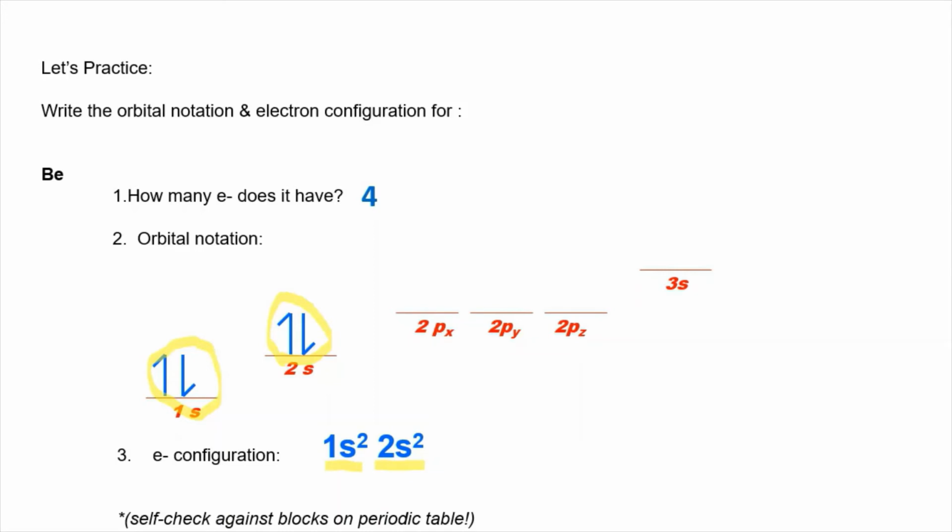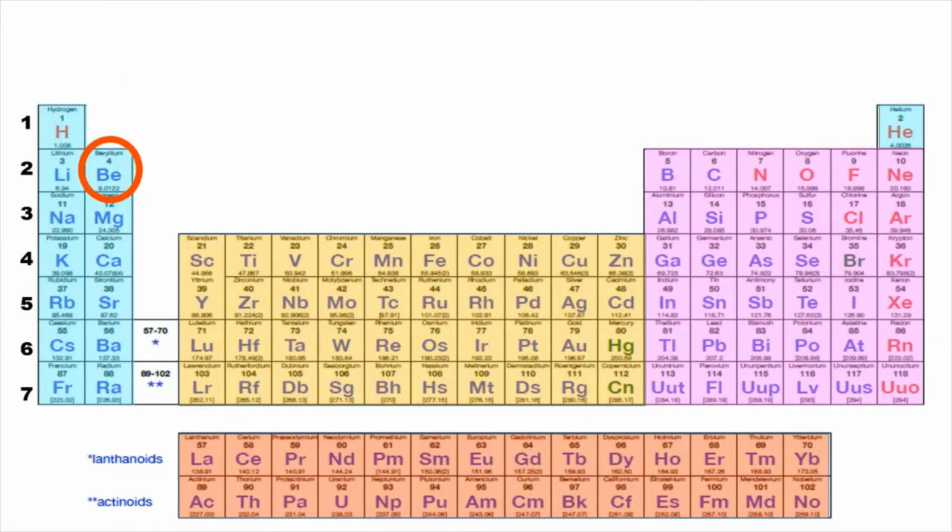Now we want to add up the exponents. 2 plus 2 would be 4, so that matches the atomic number of beryllium. We also want to check on the periodic table and make sure the ending of our configuration, the 2s2, matches beryllium's location. So we want to find beryllium on the table, and we can see that it's in row 2, which corresponds to energy level 2.